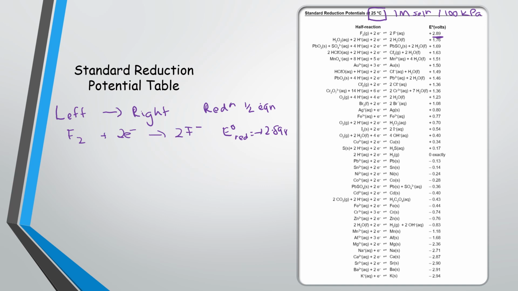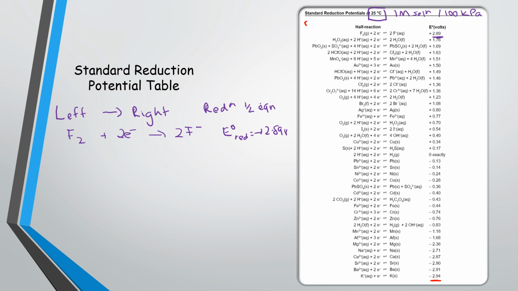When, however, you get to the bottom here, with potassium ions going to potassium, you see the value is negative 2.94. This means it's not likely to be reduced. And that's fairly obvious because we know that potassium doesn't want to exist in nature as a metal. It wants to exist as a salt, in other words, as an ionic compound, as potassium ions.